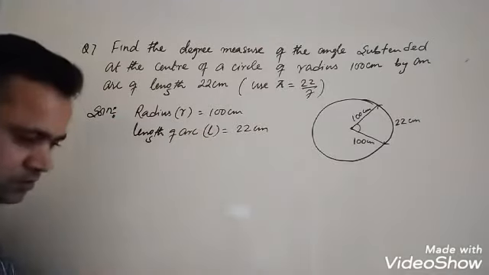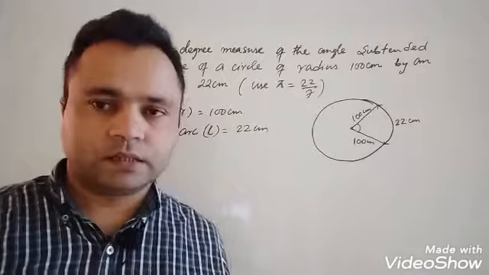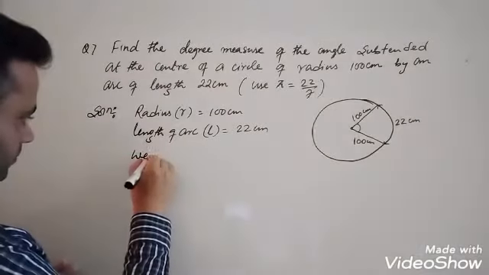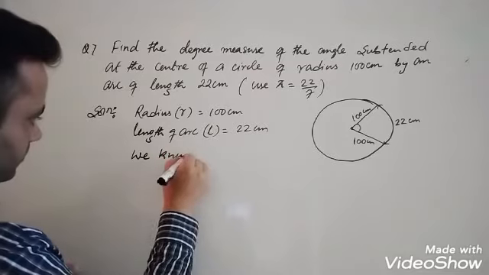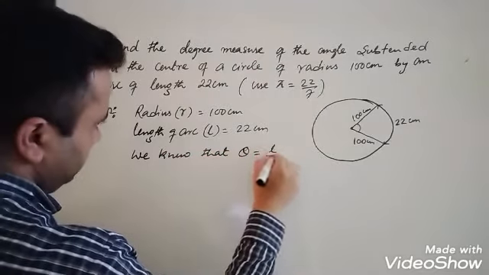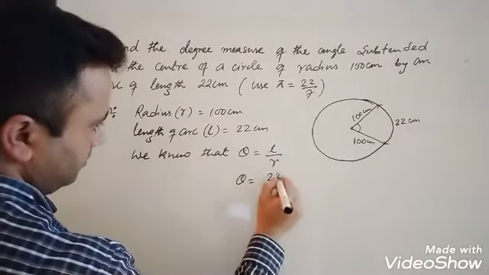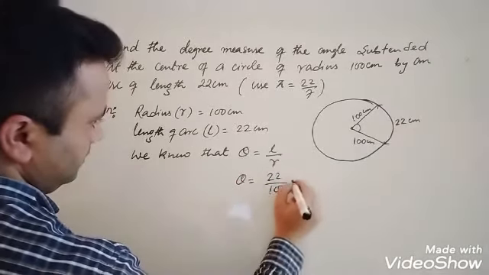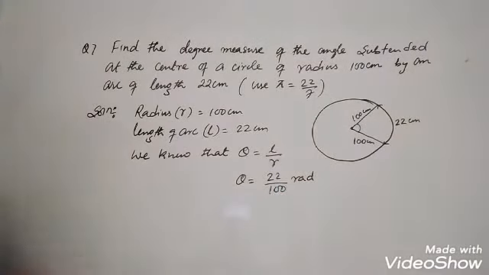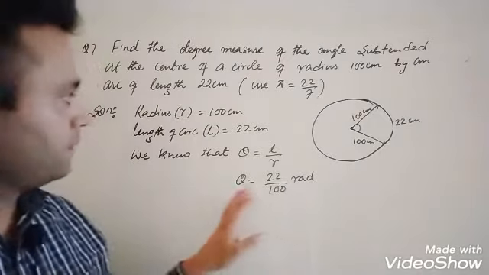Now first we have to calculate theta. We know that theta equals l by r. So theta equals 22 by 100. It is in radian. Now we have to convert it into degree.